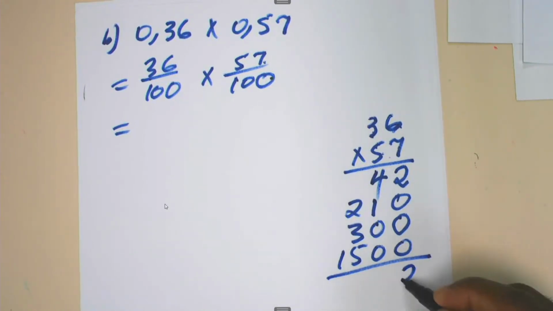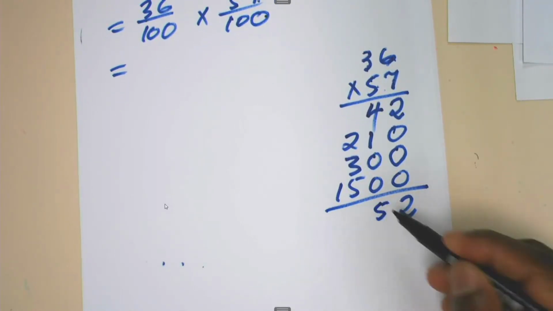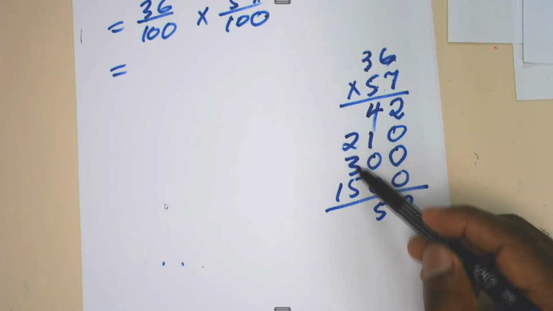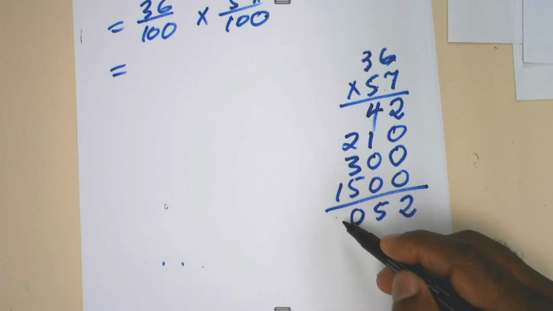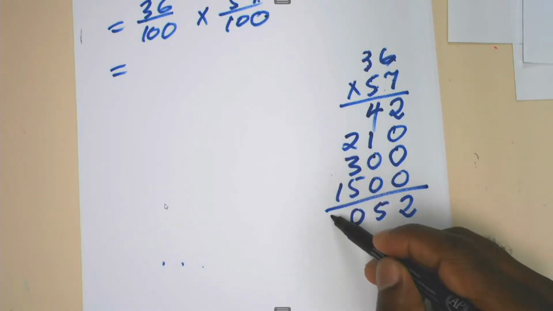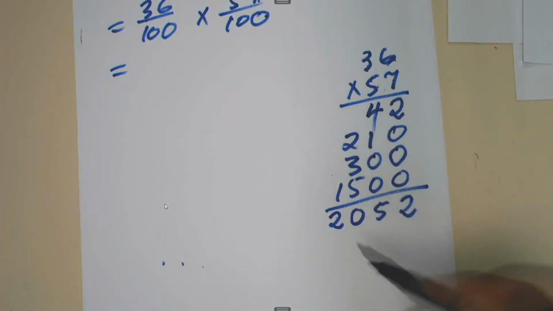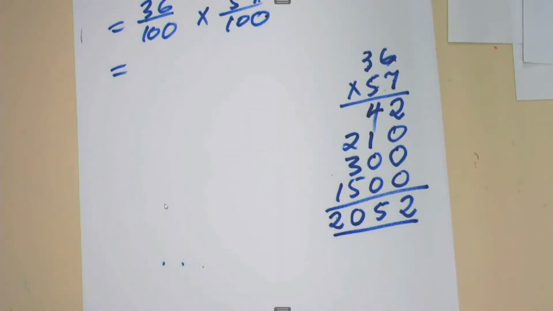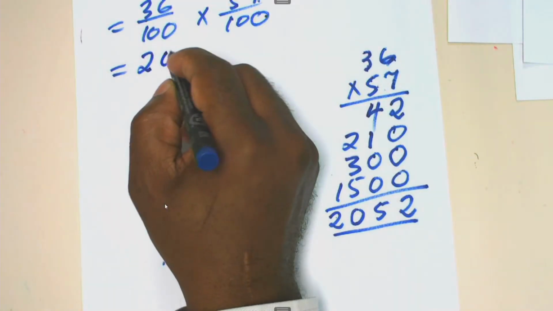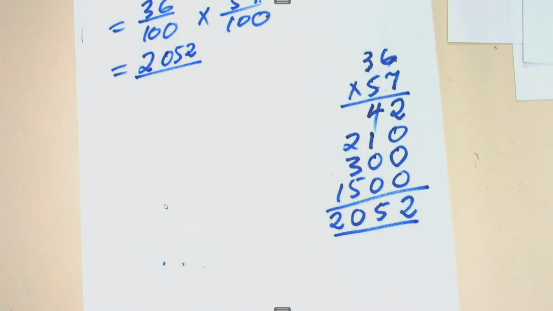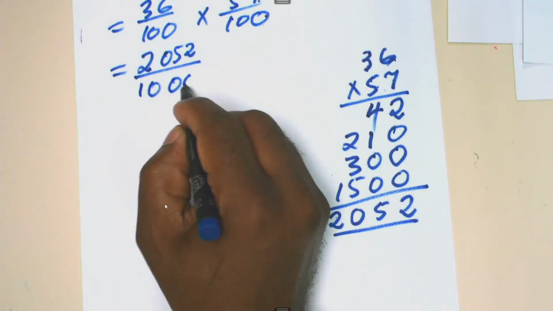And then it gives me 2. And then this gives me 5. And then I have 8, 10, which I put 1, carry, and then it's going to be 2. 8, 10, that's correct. Then I have this. So what do I have? 2052. Now 100 by 100 will be 10,000.